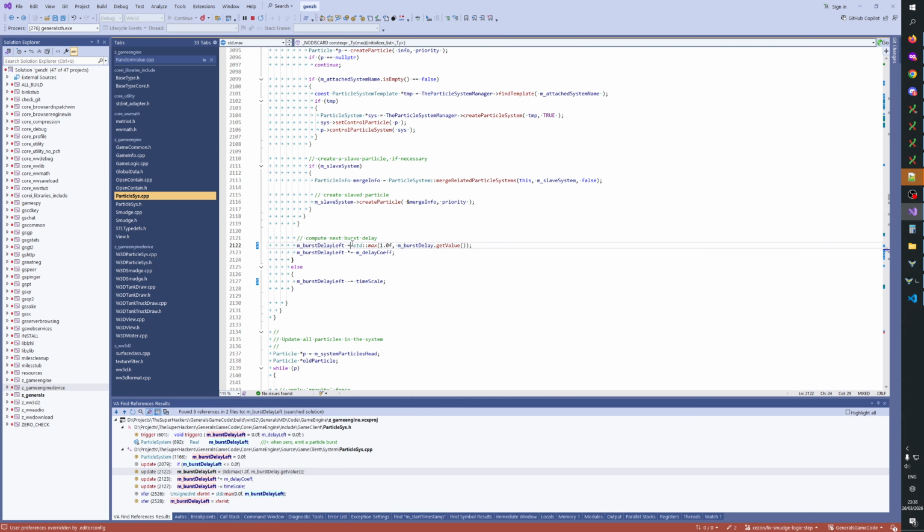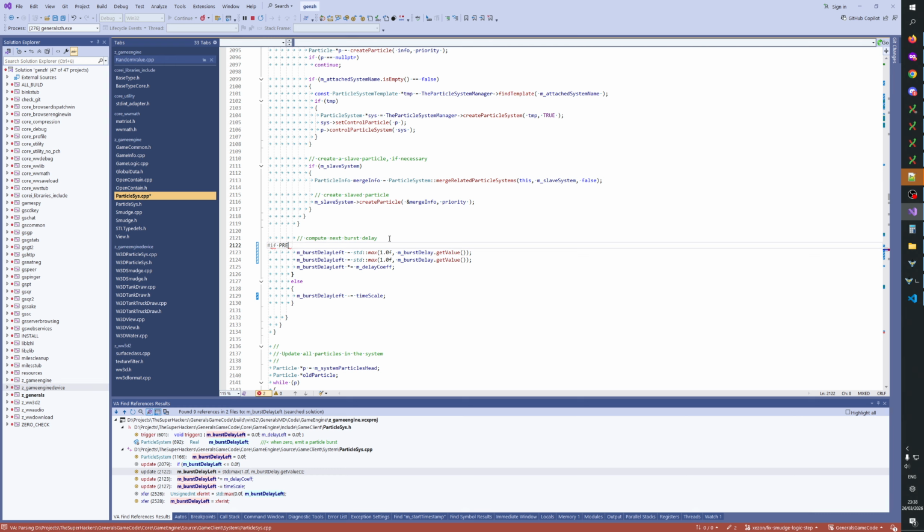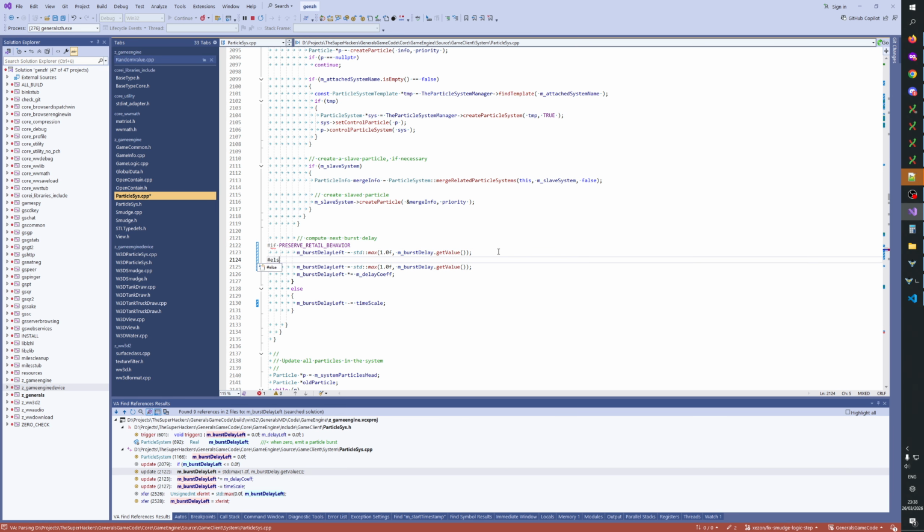Then I think what we need to do is, let's do if preserve retail behavior, else, and if.